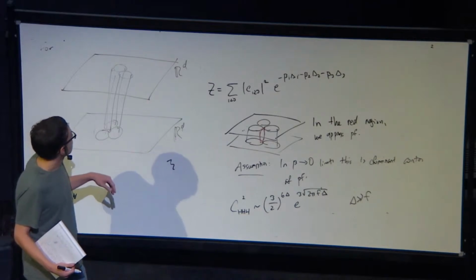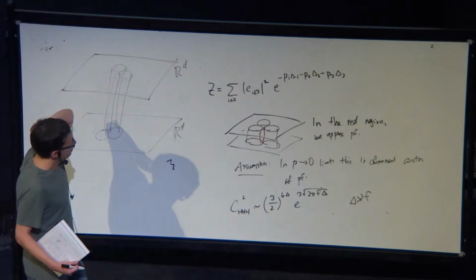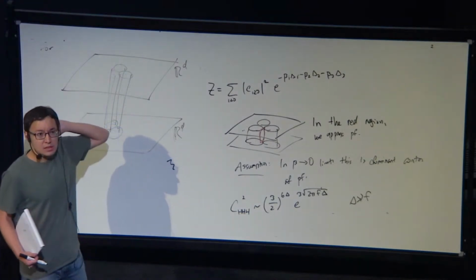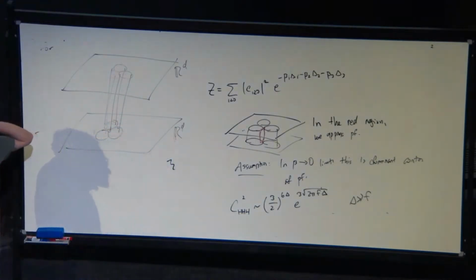Yeah, that's a good question. You're saying the distance of the sphere should enter, I think. So I think it would be convenient to see that cylinder as the dilatation of the sphere. So in that picture, we don't have any distance between spheres.